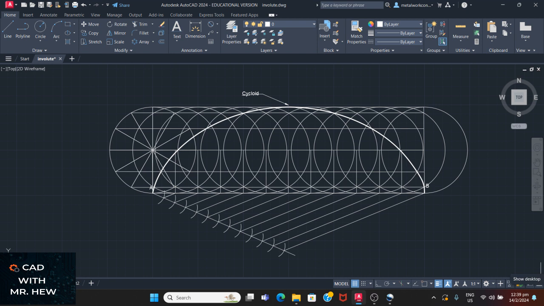What we're going to do now is plot the points. A while ago, I realized that the microphone was on. What I was saying is that we want our drawings to look clean in AutoCAD, so the additional lines which are not needed, which are not part of the drawing or construction, I just remove them.